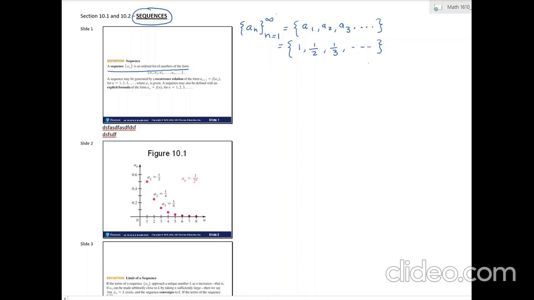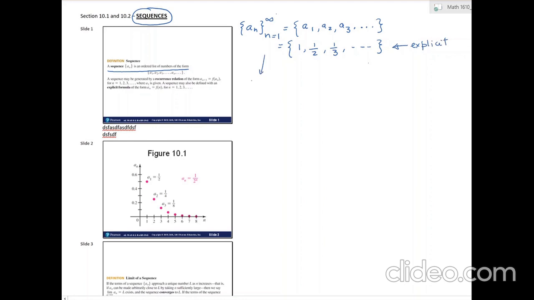Now, sequences are generally written in two different ways. Obviously, this is the explicit way of writing it, but otherwise, there are two general ways.